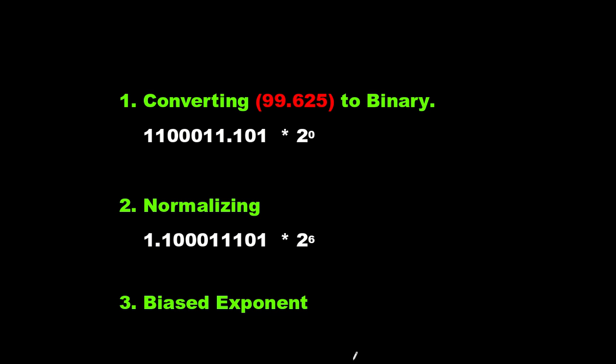Here what do we need? What if my exponent was 2 to the power negative 6? So let's say in the IEEE 754, where I had 1 bit for the sign and 8 bits for the exponent and 23 for the precision, how am I going to represent the negative 6?